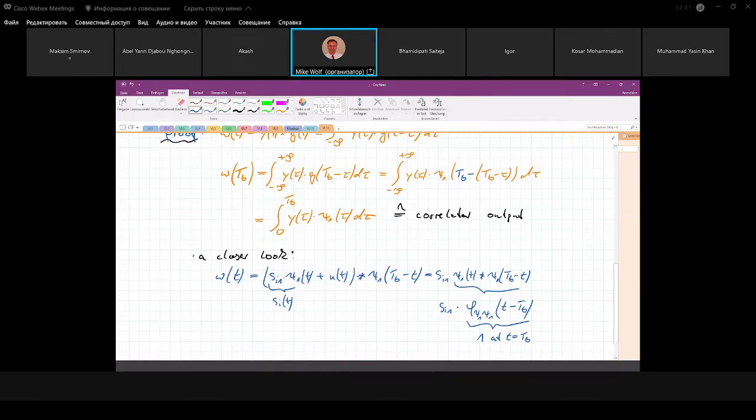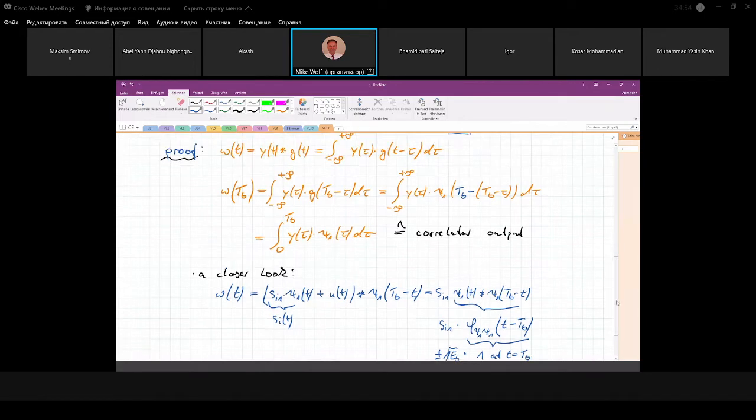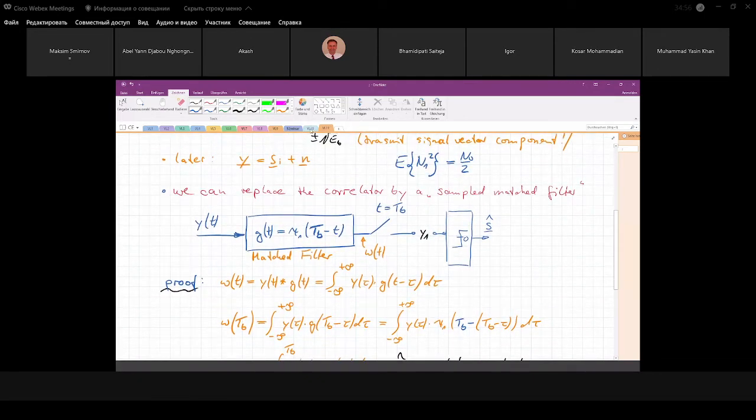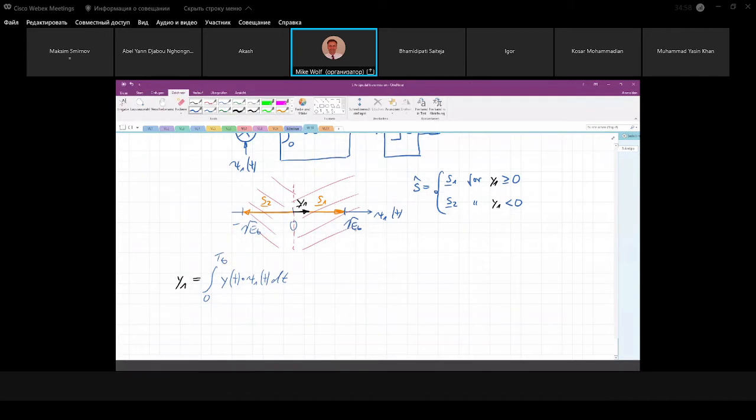Since psi1 has unit energy, the energy is just 1. Then we could say plus or minus square root of E_b. We know the signal component, if we take a look at the signal vector, is either plus square root of E_b or minus square root of E_b. So you see the difference between the received vector y and the transmitted signal is basically the noise vector.